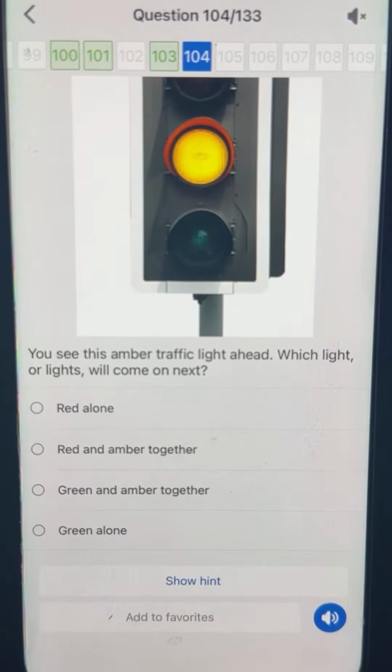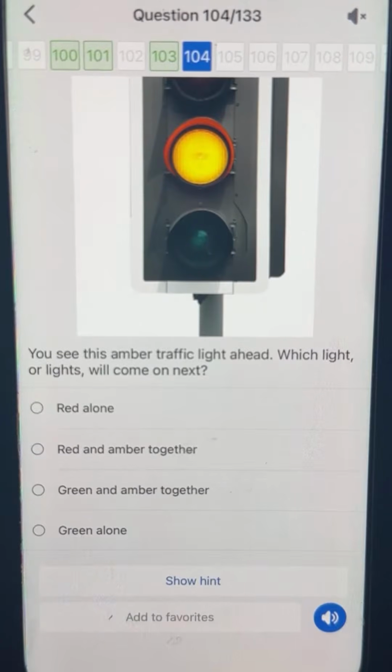Okay, so you see this amber traffic light ahead. Which light or lights will come on next? You know the answer, we covered it. Okay, we're going to do it again. Red, red and amber, green, amber, red. So after the amber will be red. It's not going to go back to green. It's going to the red, yeah?